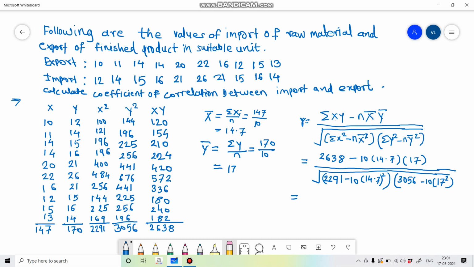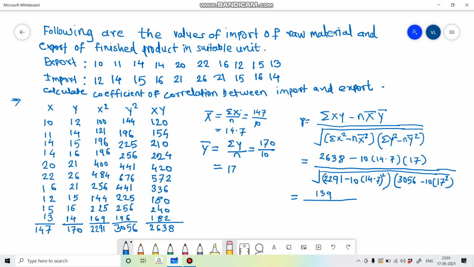Now calculate. First multiply this and subtract from this, and we get 139 as this value. Then make 14.7 square, multiply by 10, and subtract that answer from 2291.